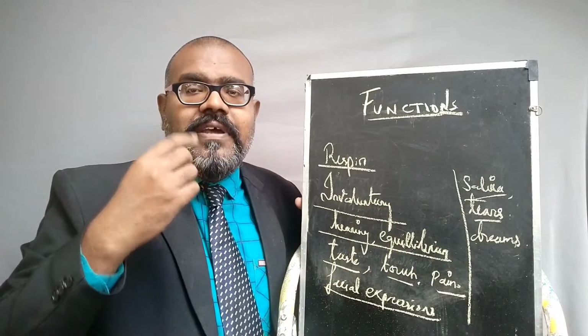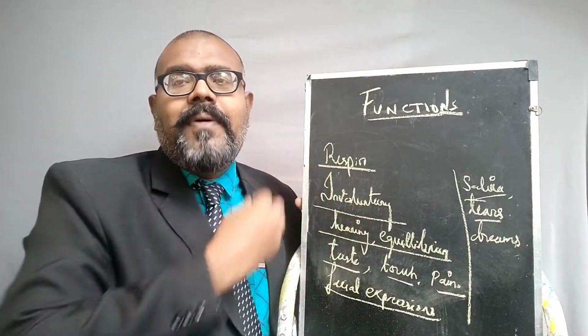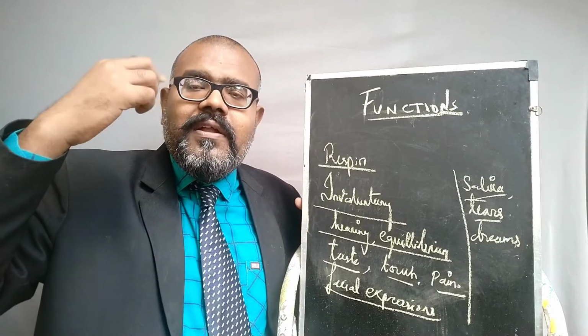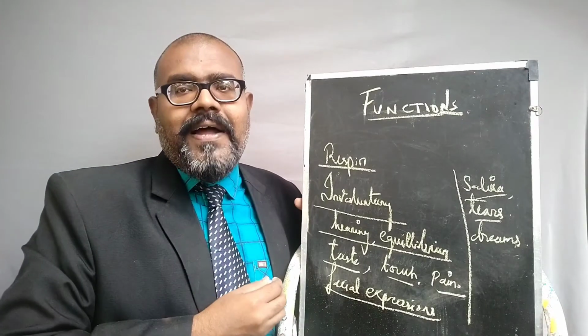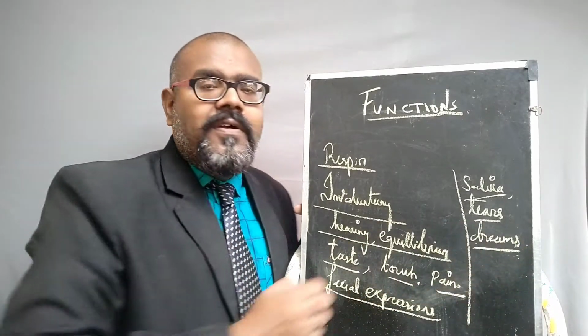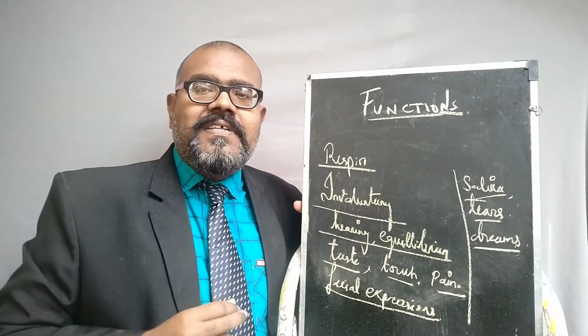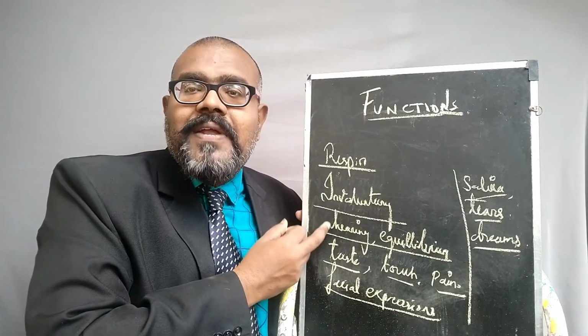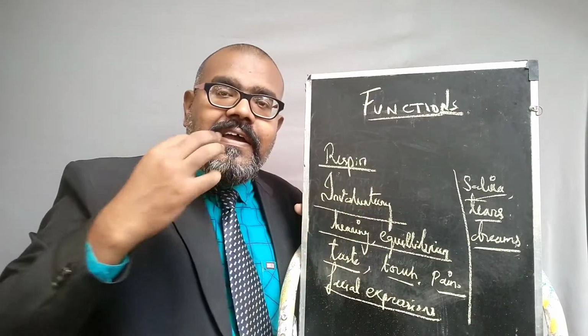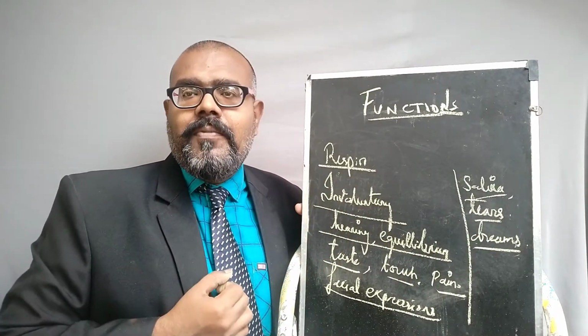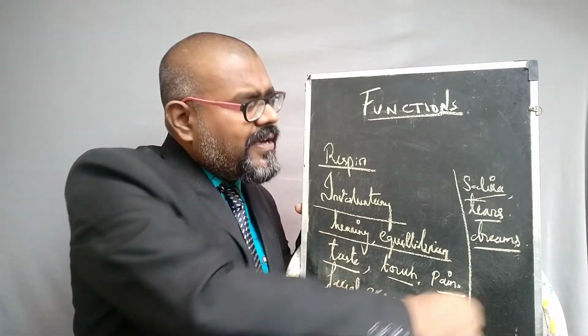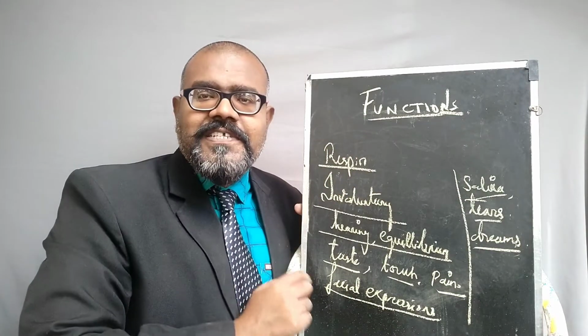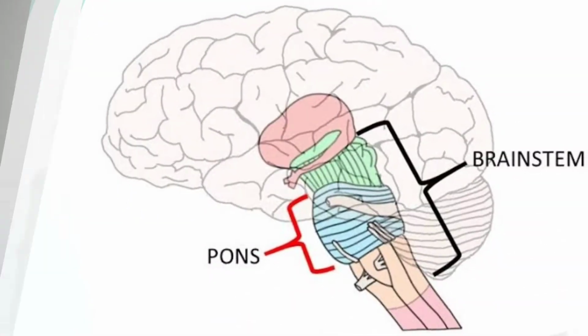Then your tears in the eye are controlled by the pons. Some of the eye muscular region can be controlled by this particular pons. And then your dreams. 75% of dream creation, these particular parts play a main vital role in creating dreams in your human body. So these are all the other important functions controlled by the pons.